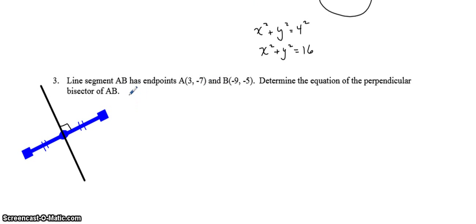So since we are trying to find the perpendicular bisector of AB, the first thing we have to do is determine the midpoint of AB. So that's using the midpoint formula. So let's average the x-coordinates and average the y-coordinates.